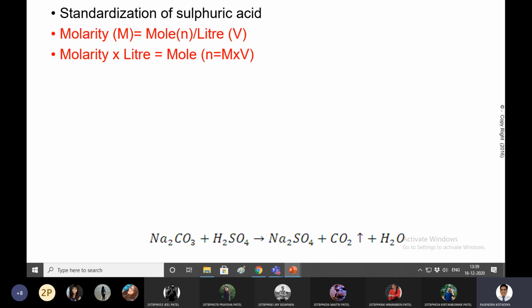Molarity is nothing but moles divided by liter of solution, or the number of moles in a liter of solution.